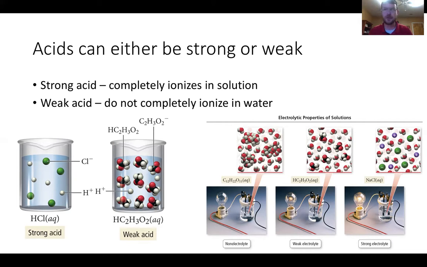Strong acids are those that completely dissociate in water into a hydrogen and whatever else. In hydrochloric acid, you have a hydrogen ion and a chloride ion. And then there are also strong bases as well. We'll talk about acids and bases when we get to reactions of those two. Right now, we're just talking about what is strong, completely dissociates, and what is weak, doesn't dissociate as much.